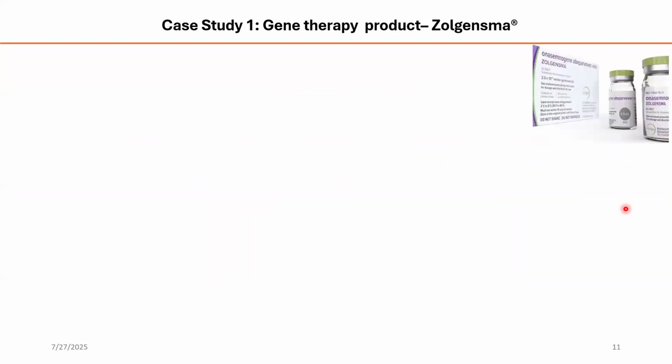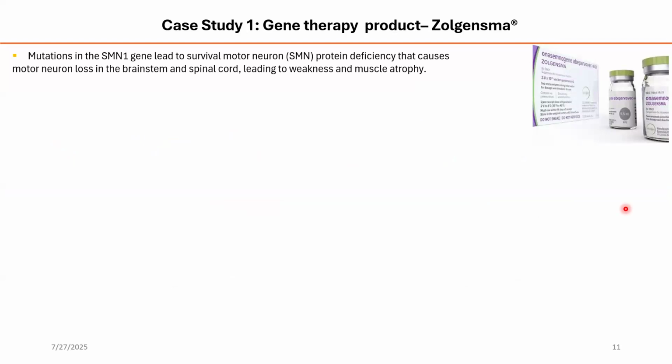Now we will go to a case study where I will take only one product and we will discuss how it has been done, how it came into the market. The first is the gene therapy product, which is Zolgensma.